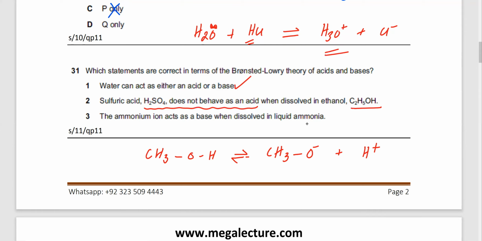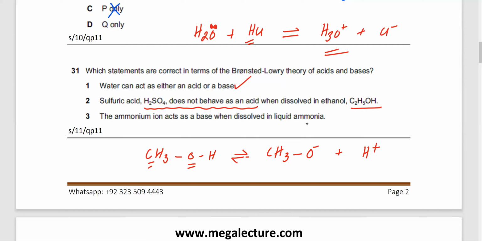But why can't it lose an OH ion instead of simple hydrogen? Yes, I mean that is possible, but for that to happen, you would have to break the carbon bond.